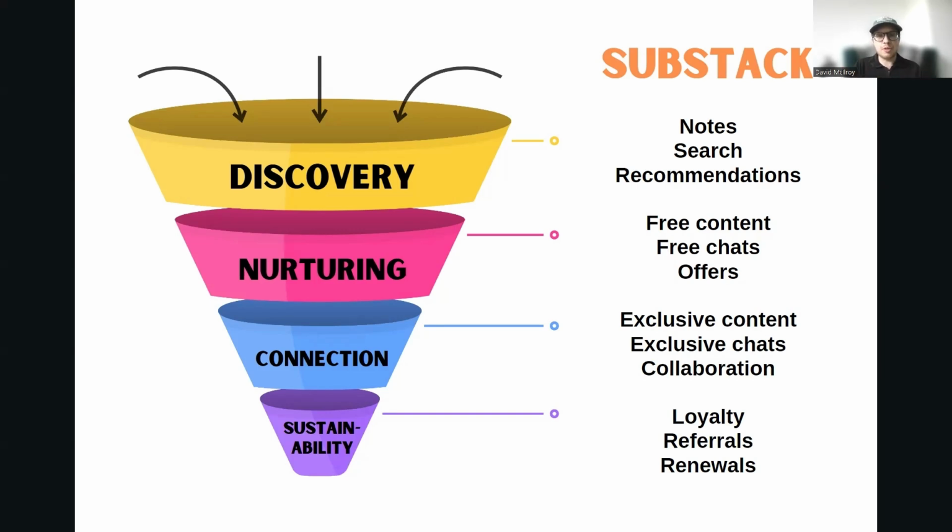And if you can bring people through that system from the wide open net of discovery at the top, and nurture a connection with them, and deepen that connection by collaborating on ideas, you will eventually develop a core set of loyal subscribers and followers and community, who love what you do and want to support you, and will also branch out and publicize you on your behalf without you having to do anything after a point as well. And that will become a closed loop eventually of exponential growth on Substack.